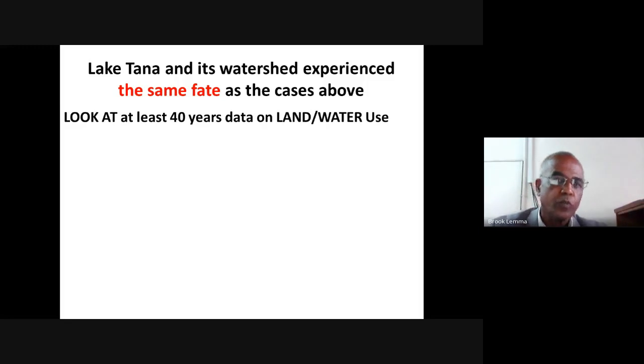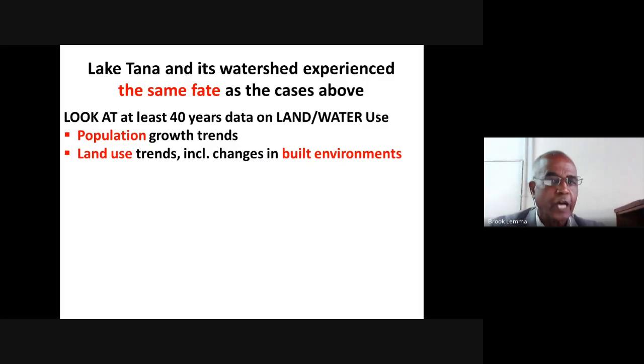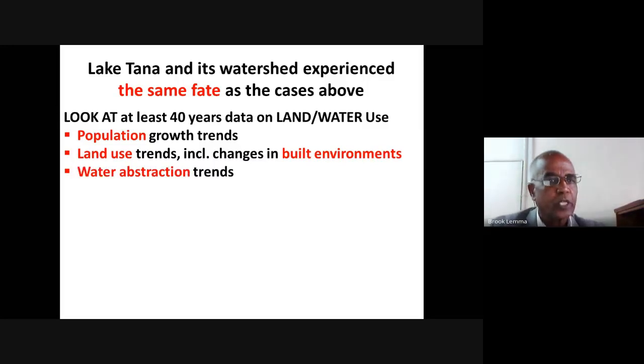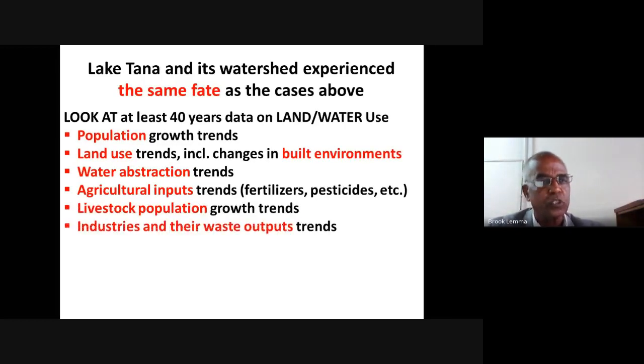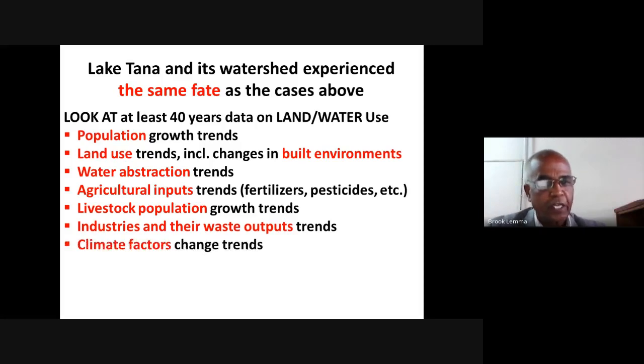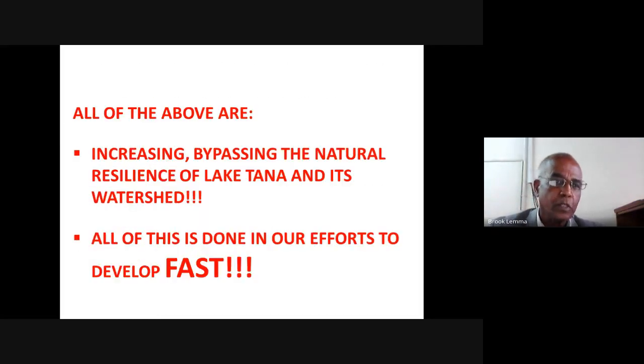So you can look over 40 years, you go backwards, then the population grows, land use patterns and built environments have increased, water abstraction has increased, agricultural inputs have increased, livestock population has increased, industrial and solid waste outputs have increased, and climate factors have changed, affecting all as a common denominator and so on. These have been going on. So all of the above are increasing, bypassing the natural resilience of Lake Tana and its water systems.